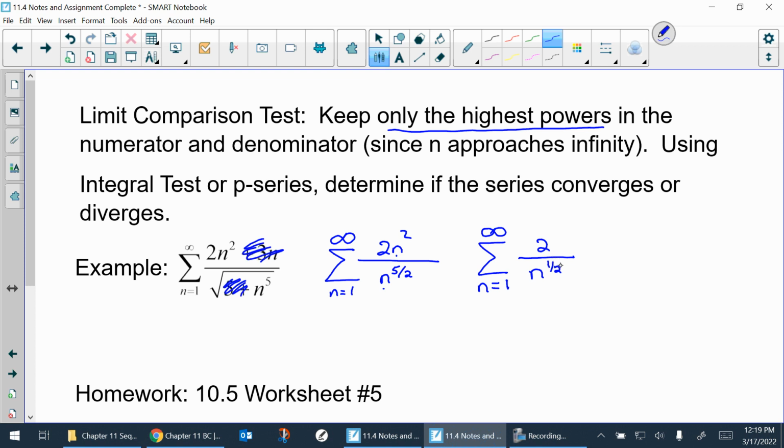Now again, let's compare this to something we know. Do we know something about p-series? In a p-series, if this exponent is less than or equal to 1, the series diverges.